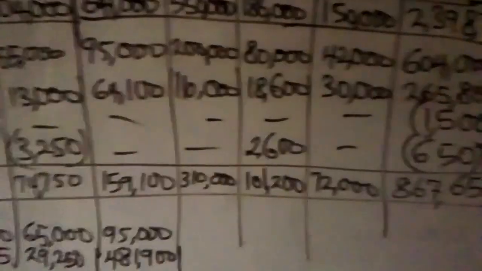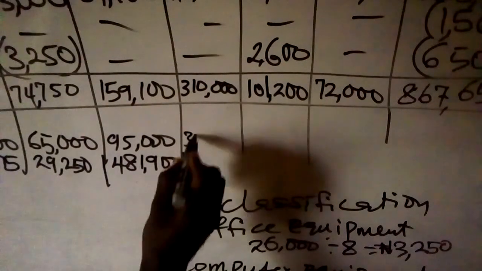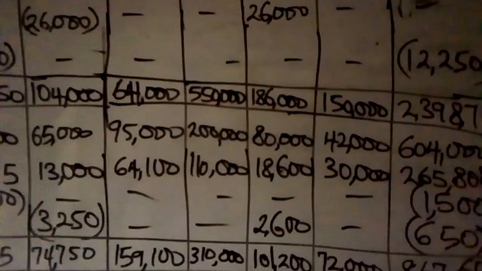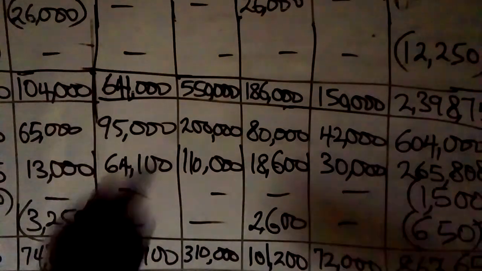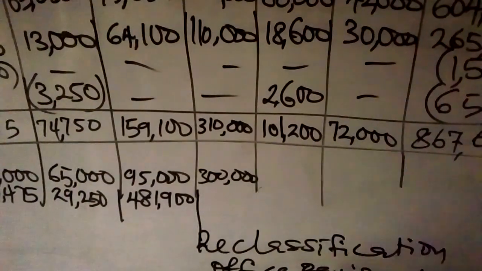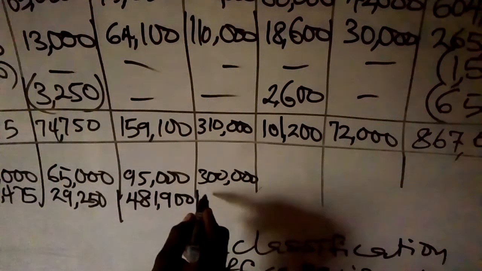That will be 300,000. Then the closing balance of 550,000 minus the closing balance of 310,000. You have 240,000 as the closing balance.